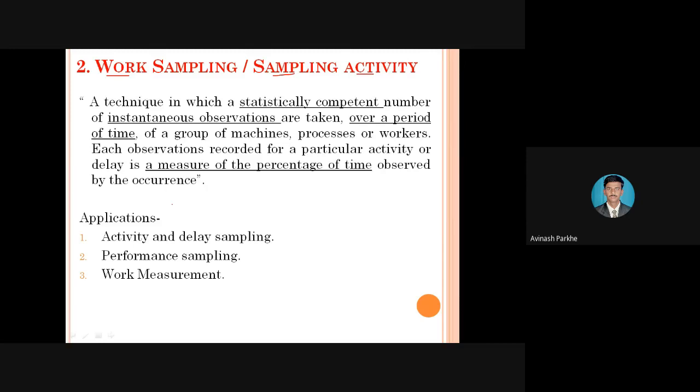And from that, finally, we can say how much time is required to complete that particular task. Therefore, work sampling is mostly used in industry based on a number of observations.